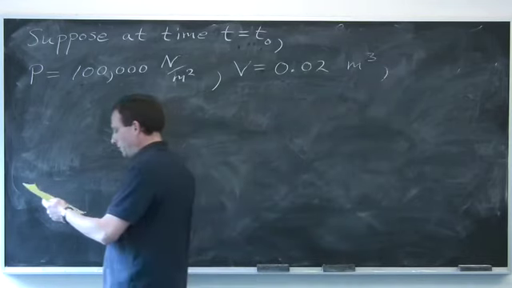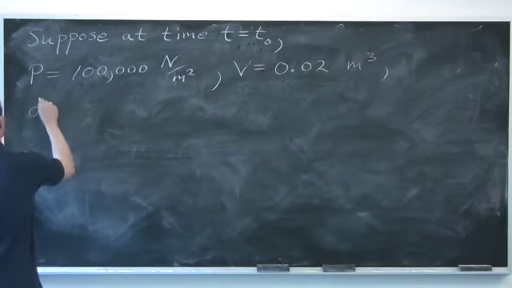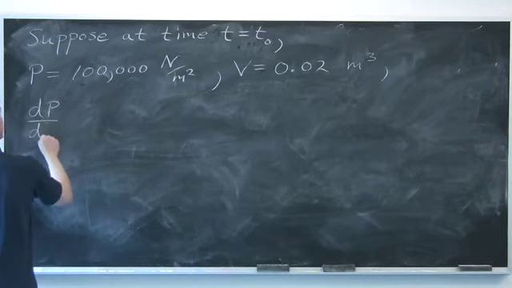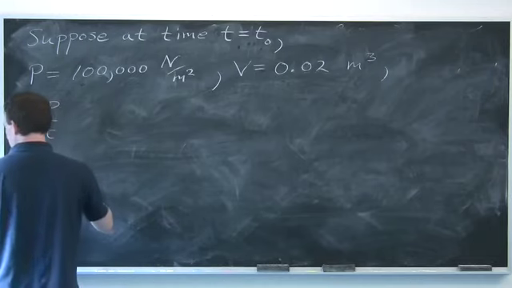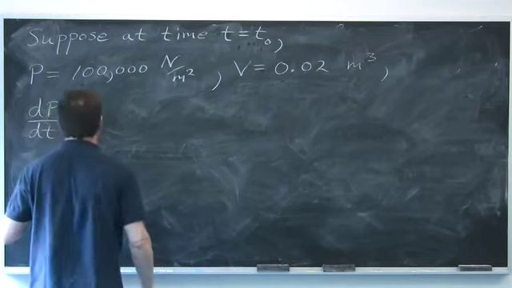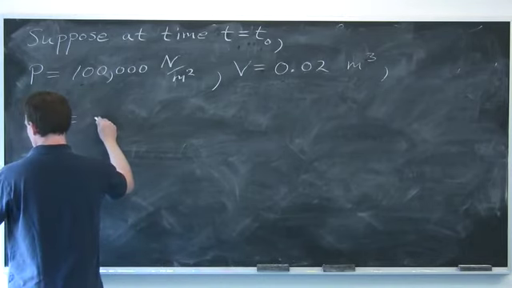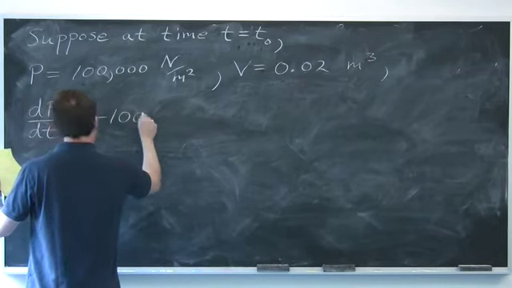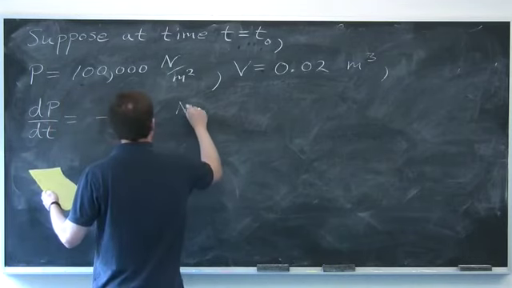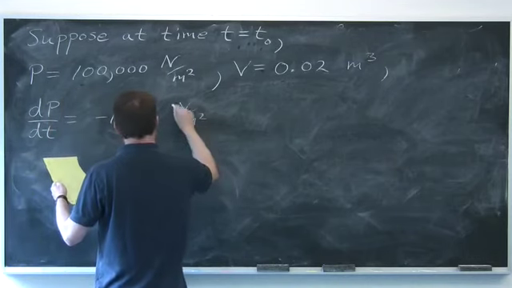And we know how fast the pressure is changing. We know that at time t naught, the rate of change of the pressure with t in seconds is minus 100 newtons per square meter per second.